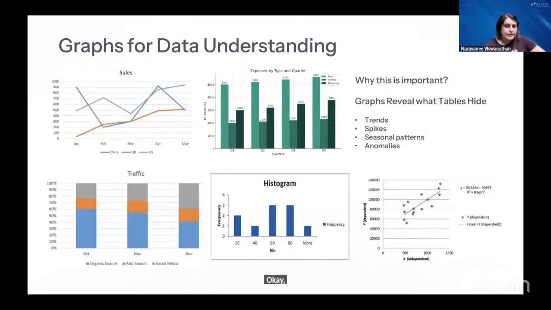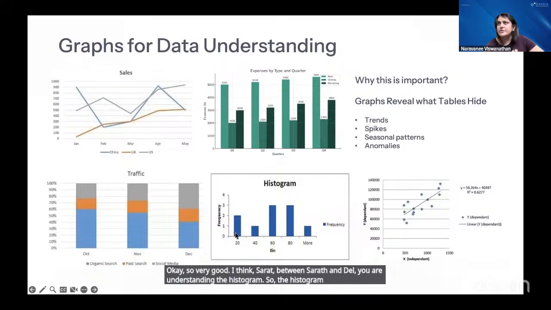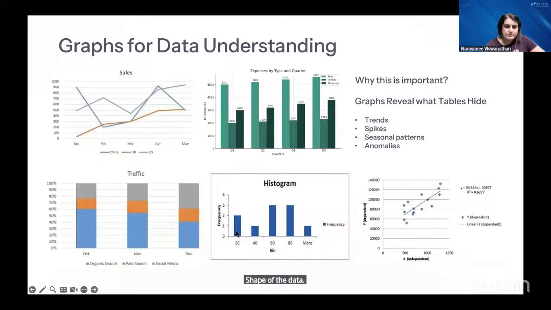Okay, so very good. I think between Sarath and Dell, you are understanding the histogram. So the histogram actually shows me the shape of the data. So what do you mean by shape of the data? We basically find the frequency of the data.